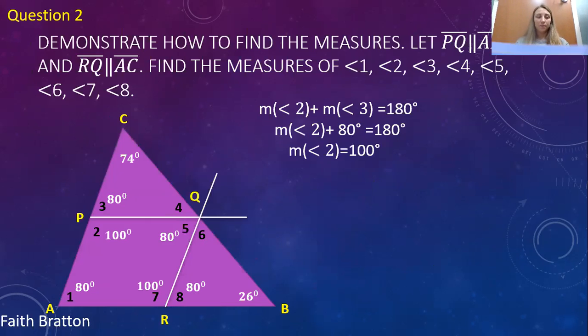Consider BC, this straight line right here, as a transversal to the parallel lines AB and PQ. Based on our diagram, angle 4 and angle B are corresponding angles, so they are congruent. So the measure of angle 4 is 26.